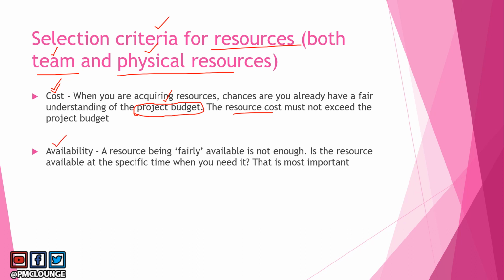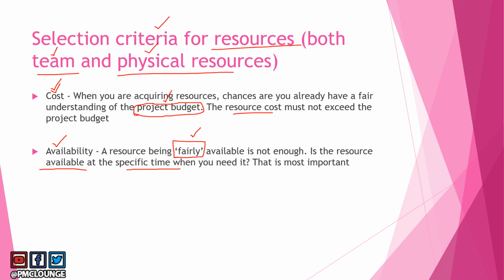Availability. So a resource being fairly available, and this is a common speaking language kind of usage of the word fairly here, right? So let's say somebody tells you, oh, you need this resource or you need this server. This is fairly available, but that is not enough. The resource needs to be available at the specific time when you need it. That is most important.